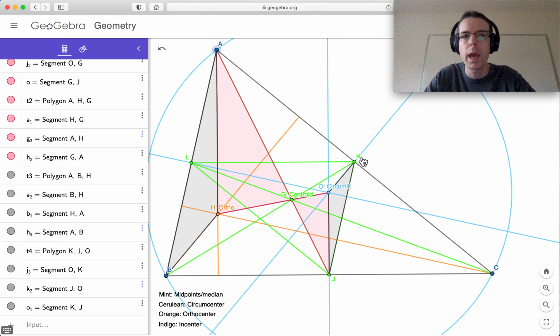And so we know that JK is exactly half of AB. And that means that all the other pairs are exactly 2-to-1 ratios. BH is exactly double KO, and JO is exactly half of AH.